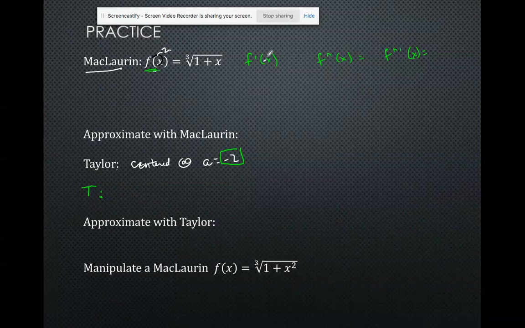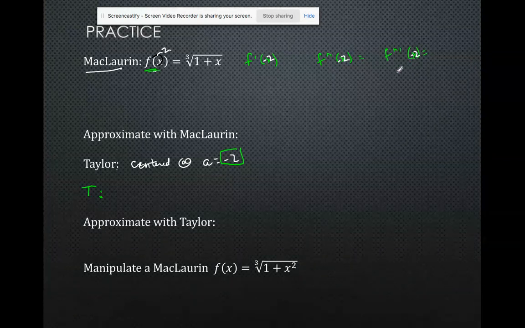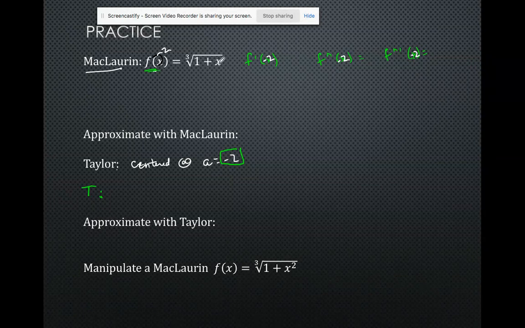When I plugged in -2, I got -2, the cube root of -1, which is just -1. -1 raised to any power just keeps changing its signs.